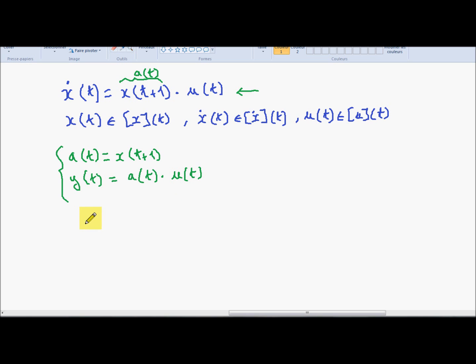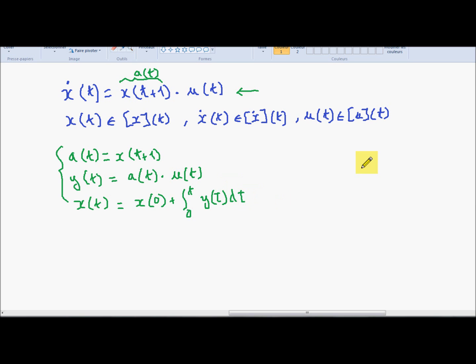And I will define the last equation, which says that x of t corresponds to x of 0 plus the integral between 0 and t of y of tau d tau.